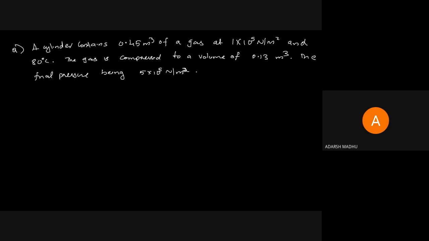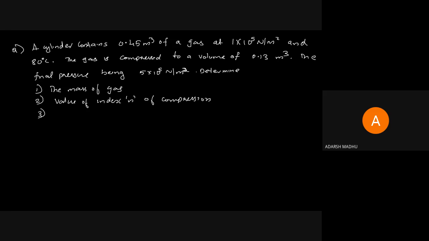Determine, first one, the mass of the gas. Second one, the value of index n for compression, where PV raised to n is equal to constant. So find the value of n here.